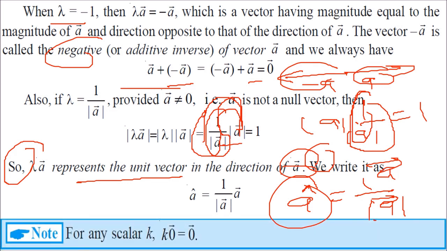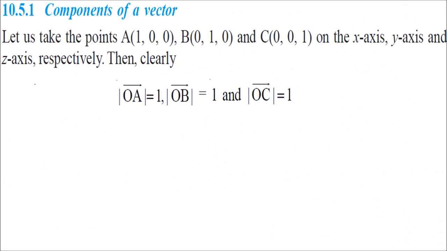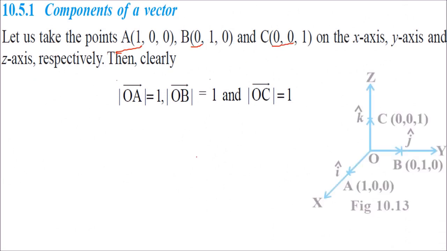And if you have a scalar k, which is equal to some value, but the vector is 0, the result will be 0. Now, components of a vector. Let us take some points A, B, C on the x-axis, y-axis and z-axis. This is very important, all along we are going to use these concepts of components of a vector. So this is point A, this is B and this is C, on the x-axis, y-axis and z-axis, and the length is 1.